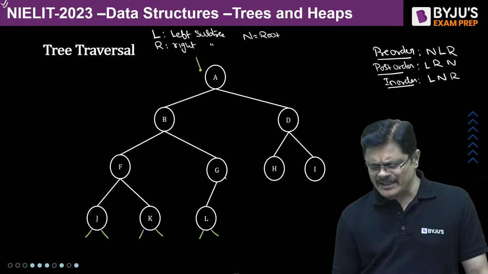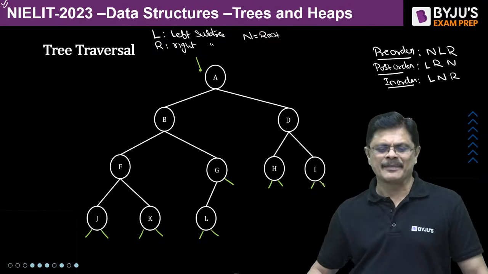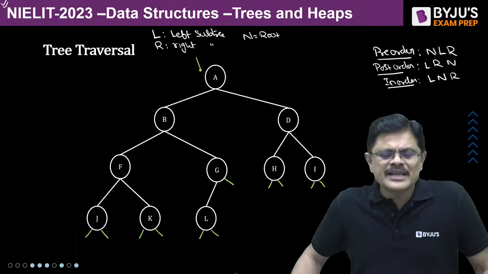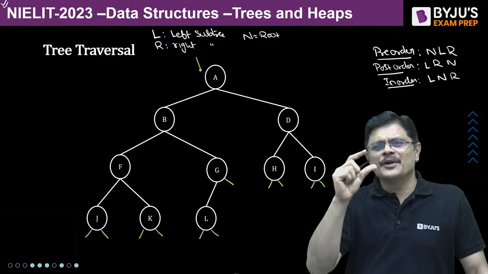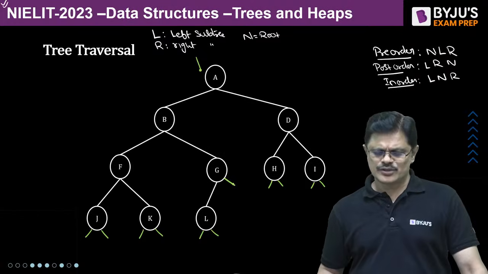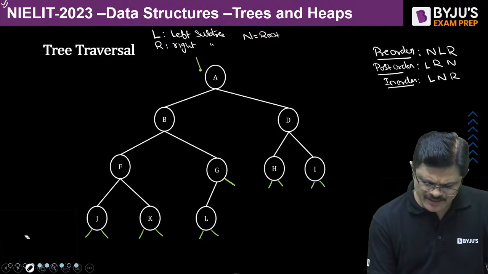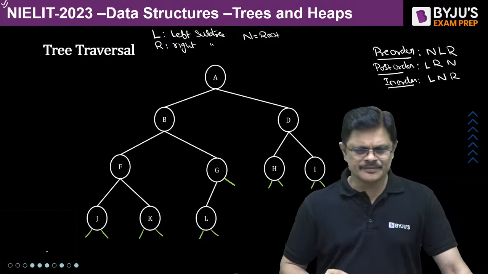For each null link, I am putting a dummy link, my dear friends. I am keeping a dummy link for each null node or each leaf node. And if it is a node with a single child, there will be one null link. So now we start this traversal from here.